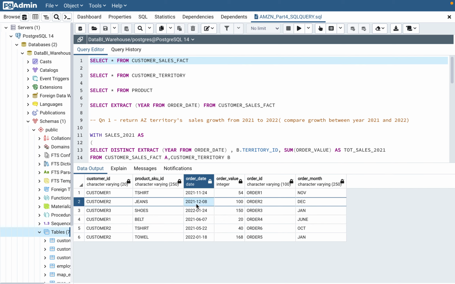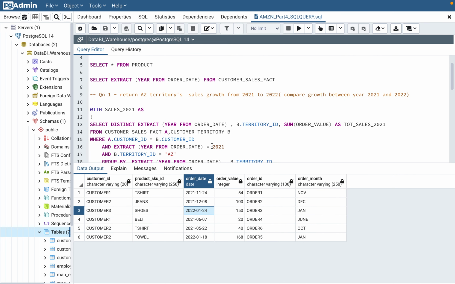There are two years, 2021 and 2022. For Arizona, what is the growth? For example, if you had $100 worth of stuff ordered in 2021, and in 2022 you are ordering $140, then it's 40% growth.